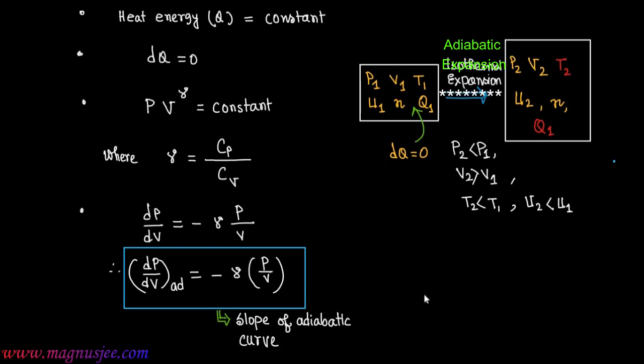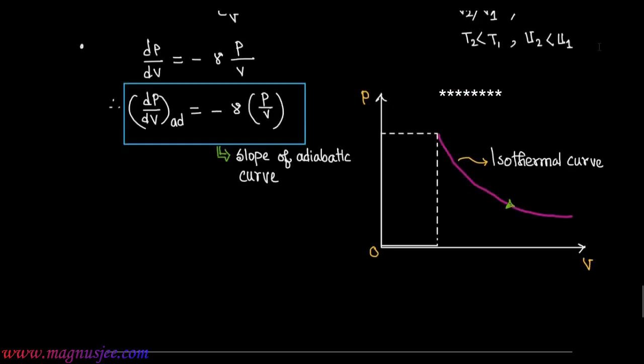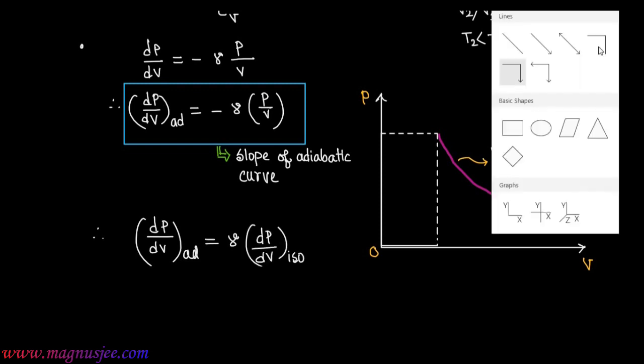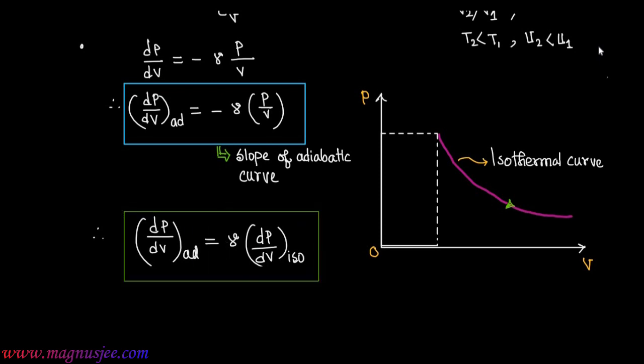We know that dP by dV AD, that is the slope of the adiabatic curve, is gamma times the slope of the isothermal curve. That is, dP by dV AD is equal to gamma times dP by dV iso. Therefore, dP by dV AD is greater than dP by dV iso.